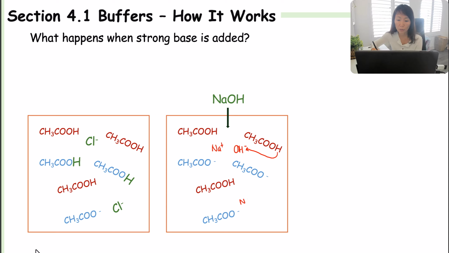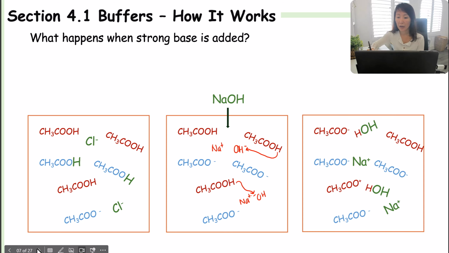So say more sodium hydroxide had come in, then the hydroxide and this hydrogen will form water. If I show that in the next box, you'll see that water, HOH, has been formed. That OH comes from sodium hydroxide, and sodium is just hanging around. These are my spectator ions, meaning they don't participate in the reaction.